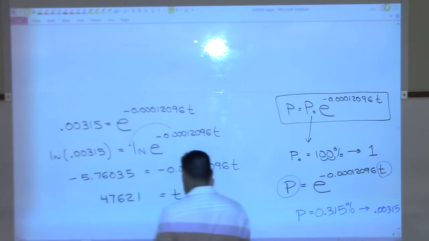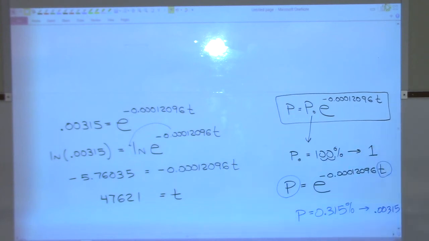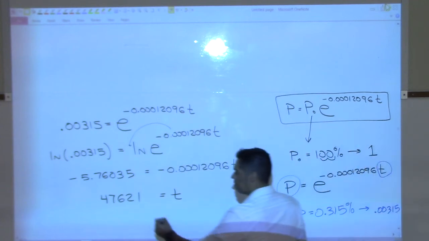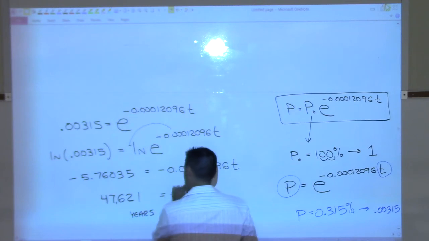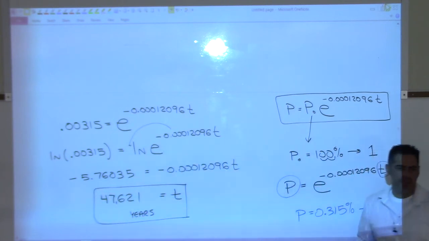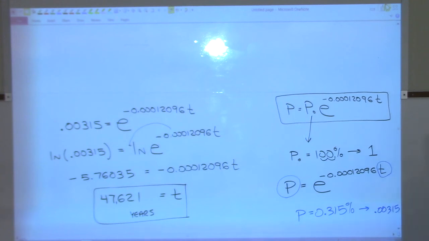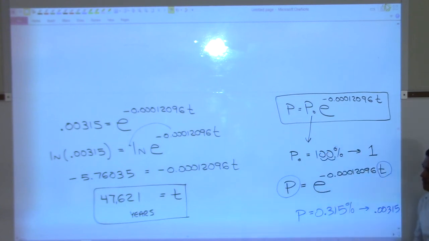Let's just leave it at that because this is an approximation. This is years. A 47,621-year-old bone. Okay?